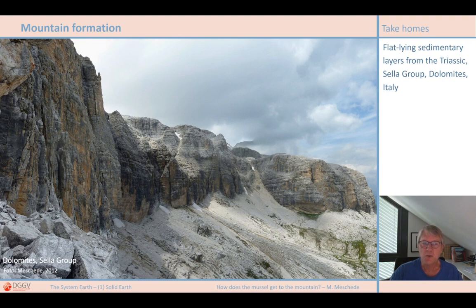But these rocks weren't always at these heights. Originally, the rocks were deposited in a shallow sea basin, and in this video I want to show how they came to be so elevated today and why, with a bit of luck, we can find shells or other remains of marine life such as ammonites or corals up here.